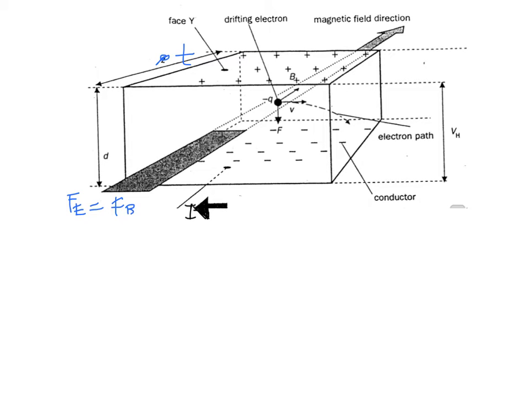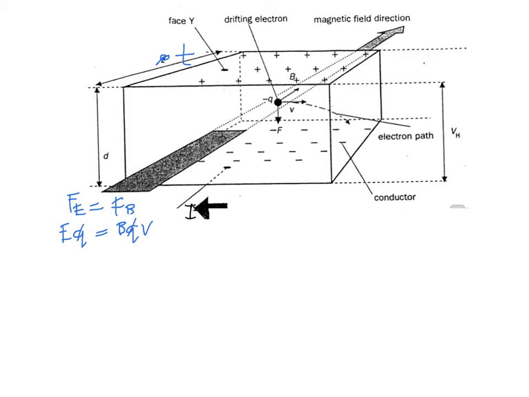Electrostatic force Fe equals the field strength times the charge, and Fb equals BQV, so we can cancel off the Q. Remember that the electric field strength is caused by the accumulation of electrons on the bottom part, so the top part has fewer electrons, and there's a PD across these two sides.